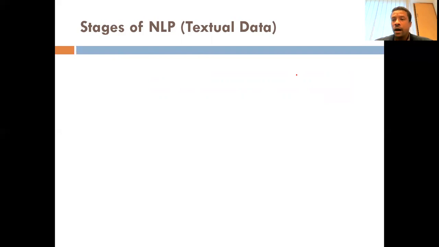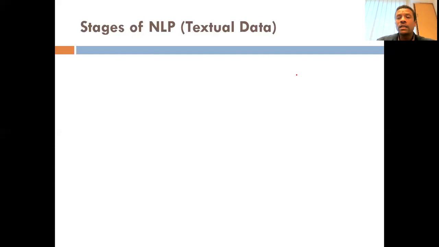If it is Amharic, Tigrinya, or other languages which belong to the Semitic family, we might use the Ethiopic script. If it is Arabic, we are going to use the Arabic script. If it is English or Walaita language, we are going to use the Latin script. And all languages have their own scripting method. Some of them share common scripting methods. Some of them might have their own scripting method.